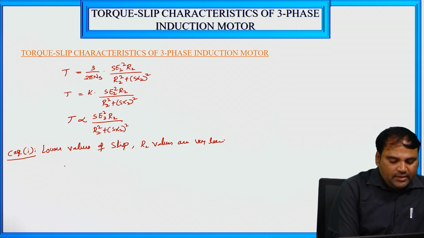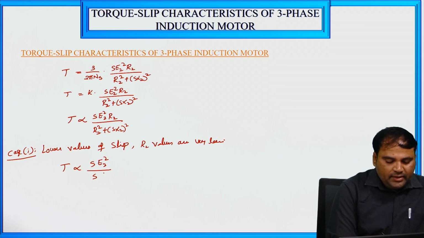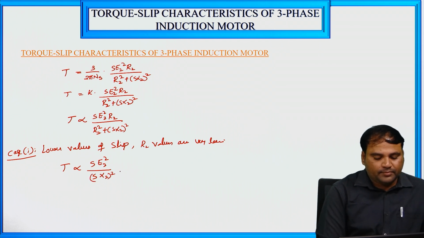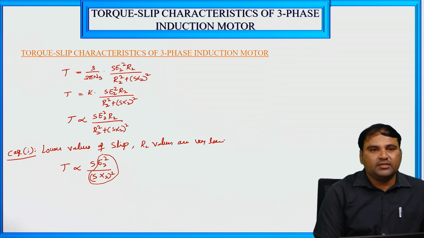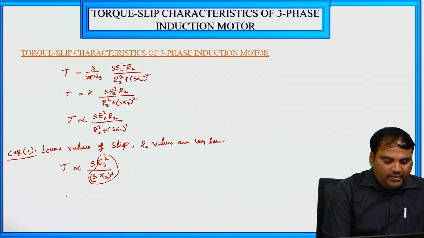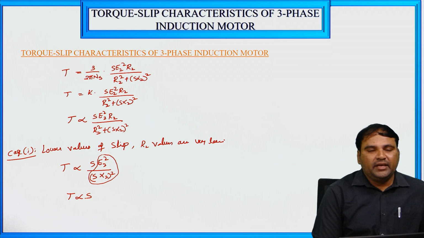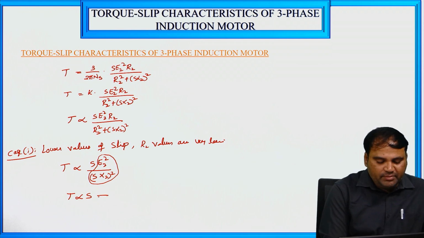So T is directly proportional to S E2² divided by (S X2)². Taking the remaining terms as a constant, we get torque directly proportional to S. If torque is directly proportional to S, it is linear.